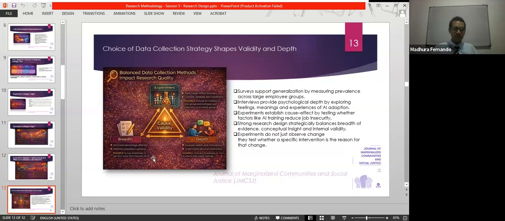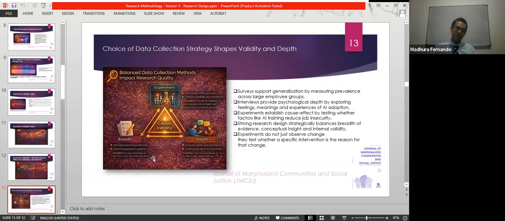Breadth can be found using a survey, because in the survey you have defined your variables, you have questions corresponding to your variables, and you have a clear theoretical framework. Because of that you can easily get details, you can get quantitative numerical values. So with that you can easily gain access to information. You can improve the breadth using the survey method.